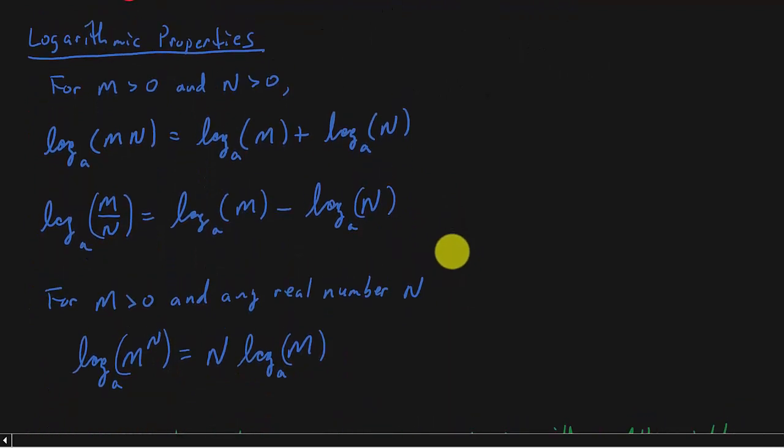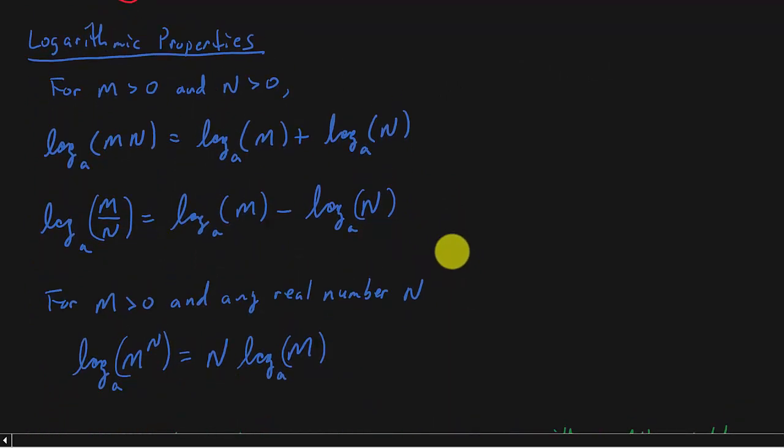All right, so now we've got some logarithmic properties. For m greater than 0 and n greater than 0, the log of m times n is the log of m plus the log of n. And yes, it's base a; I'm just not saying base a, but it goes for any base. What this means is that if we have factors multiplied, we can split it up using addition.